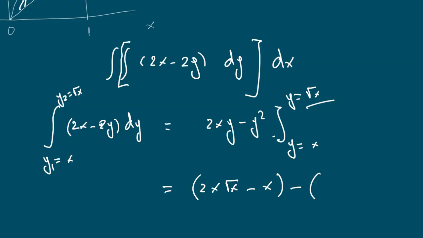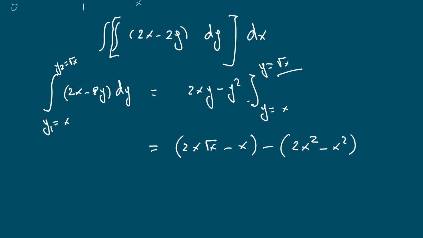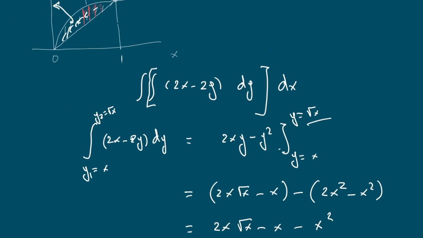It will be 2x squared minus x squared, and 2x squared minus x squared is x squared. So this will be 2x square root of x minus x squared. And now I have done the integral in brackets.